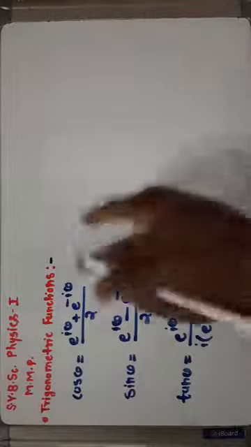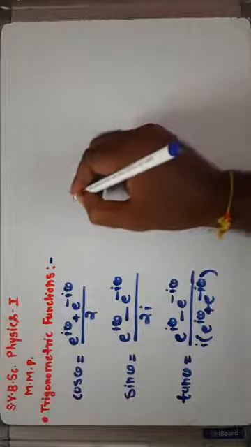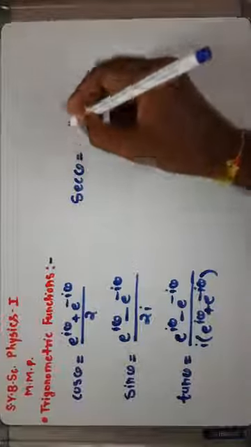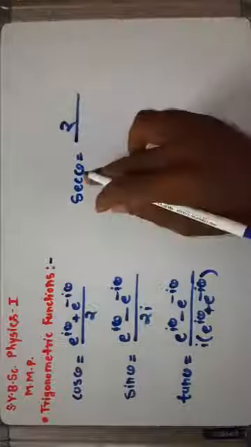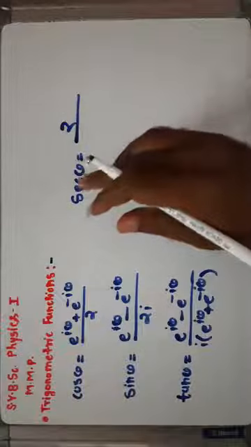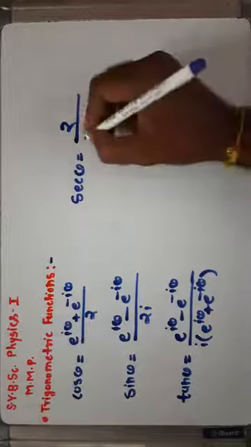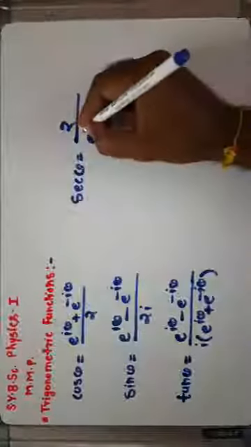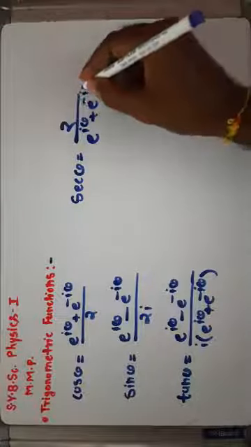Right. Then we take the inverse of cos theta, that is sec theta. Sec theta is equal to the inverse of cos theta. You must remember this: we know the general trigonometric formula, sec theta is equal to 1 upon cos theta, so sec theta is 2 divided by e raised to i theta plus e raised to minus i theta.